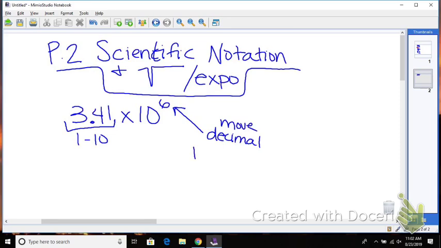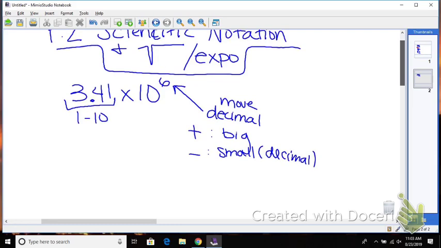If it is a positive number, that means that the original number is a big number. If it's a negative number, it means the original number is a really small number or a decimal. That tells you which way you're going to move your decimal point.